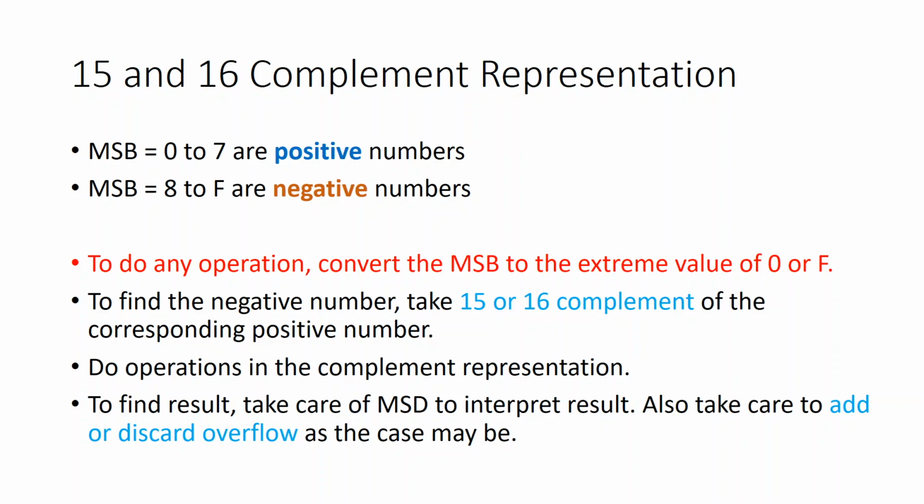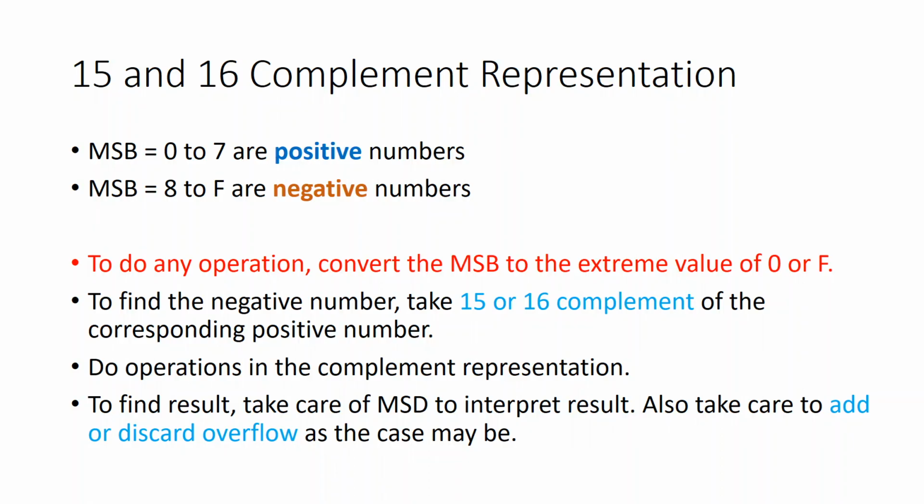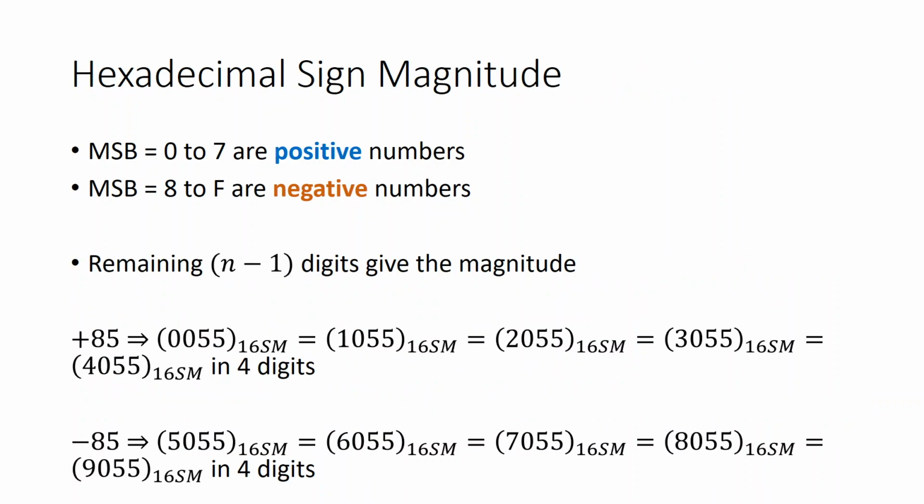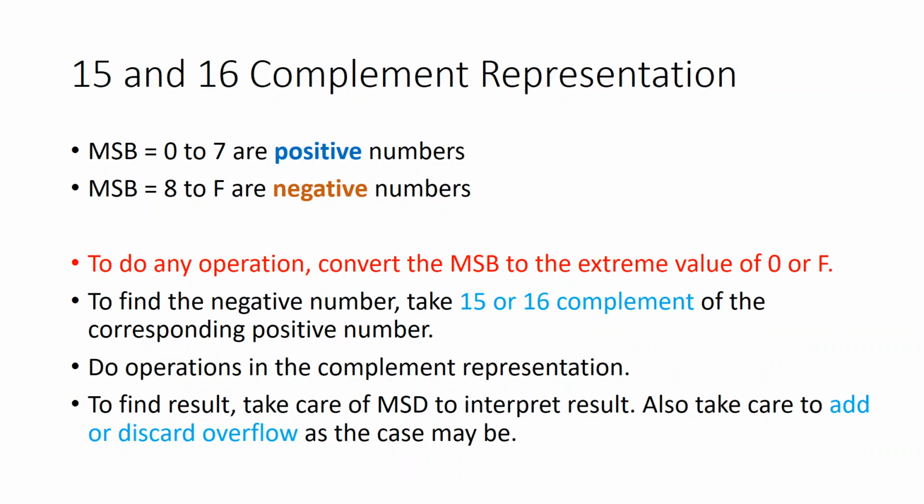So with that, this lecture ends. You take some numbers like this 85, you can take some nearby numbers like 80, 82, 81, or even faraway numbers like 50, and you can check whether the algorithm is giving the correct result or not.